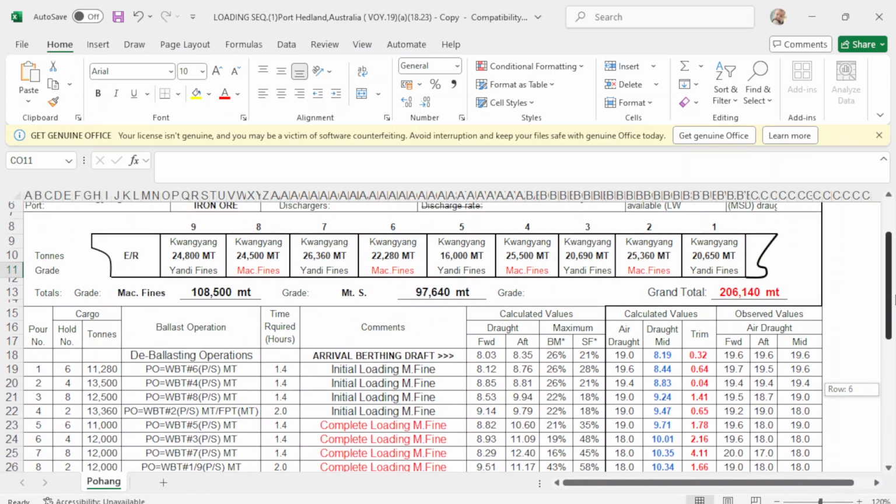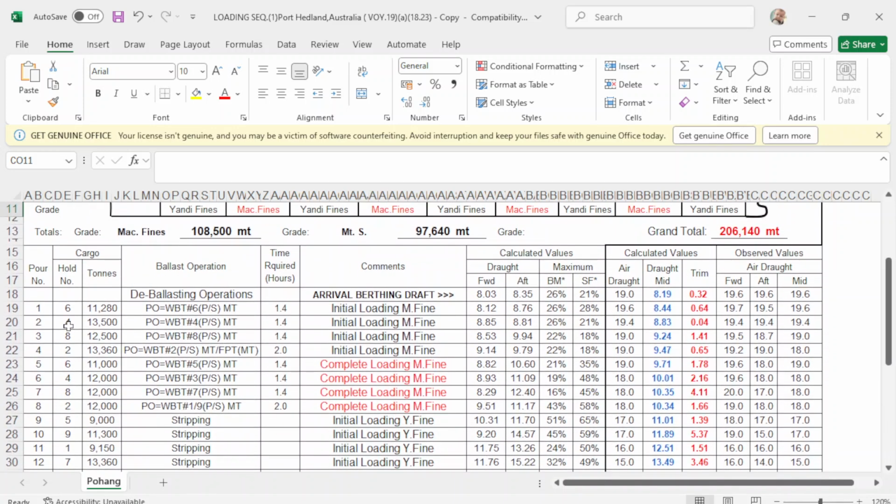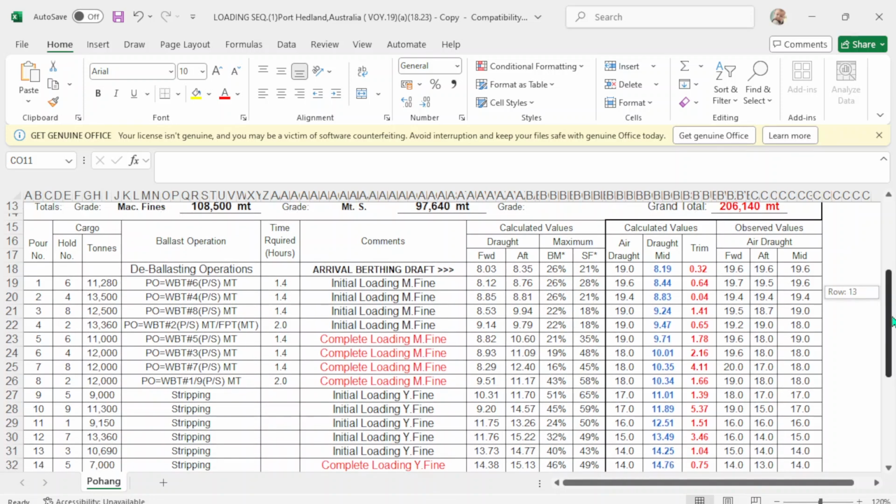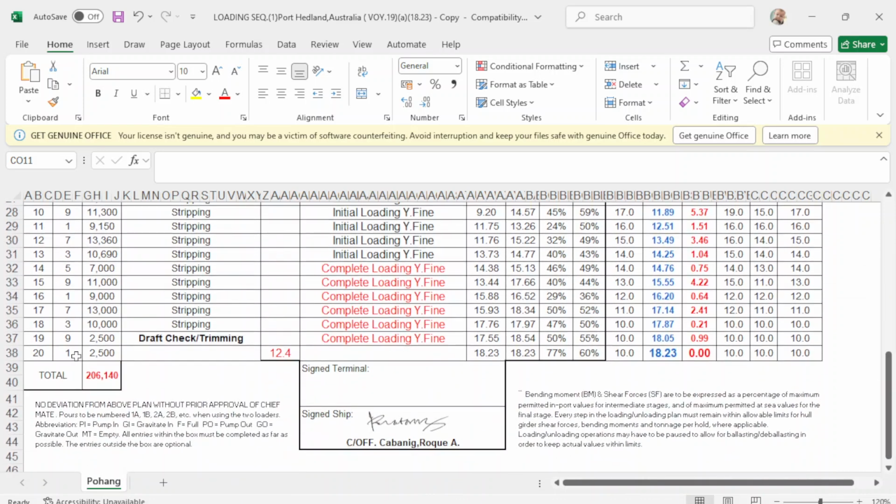The first cargo hold to be loaded is number 6, then number 4, and 8, and so forth. Firstly, the cargo holds to be loaded are even, so that will be 2, 4, 6, 8. The trimming holds are 1 and 9, and the trimming cargo is 5,000 metric tons.